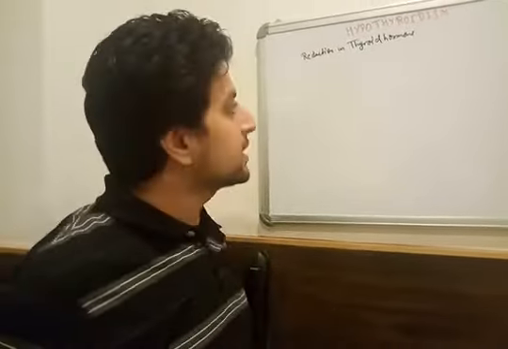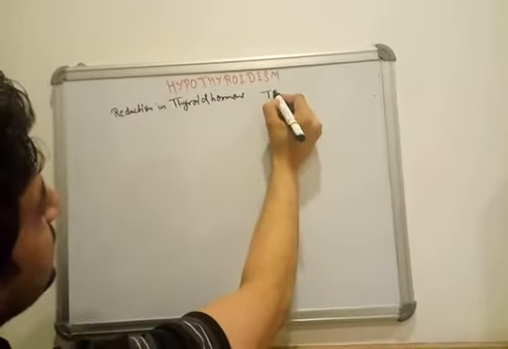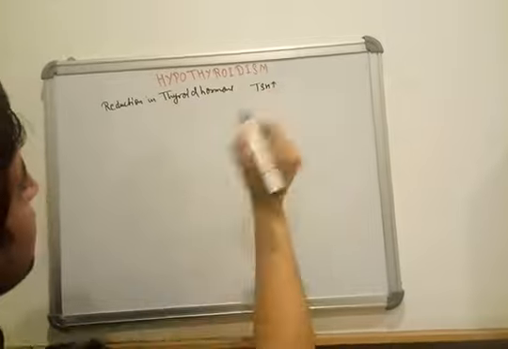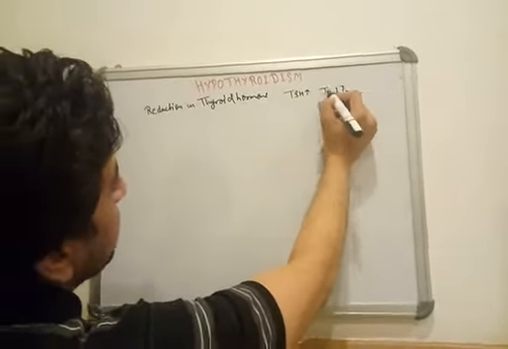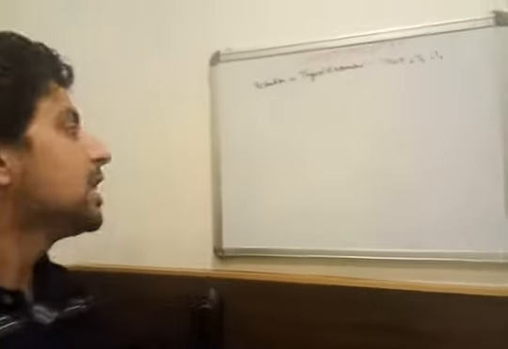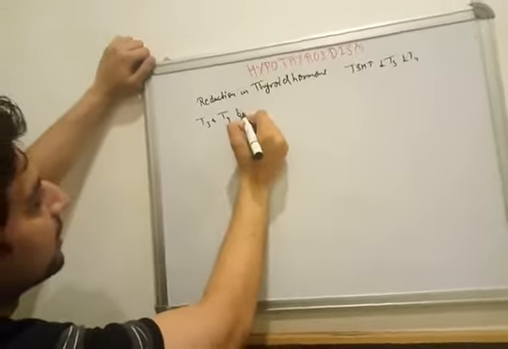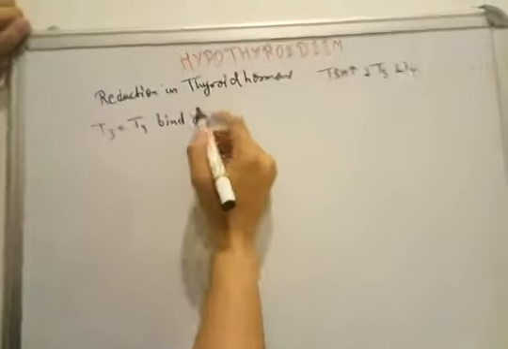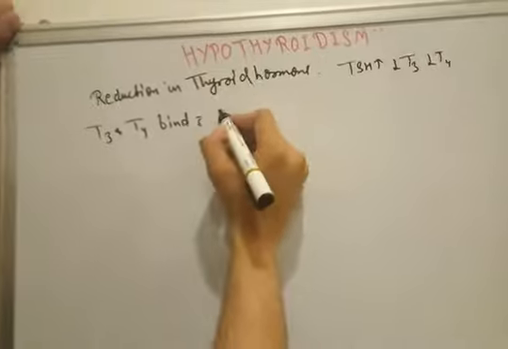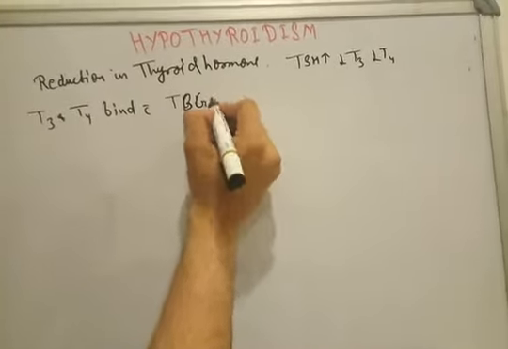What else happens here? The TSH level. What happens with TSH? TSH increases here in hypothyroidism. T3 and T4 decrease, my dear friends. Decrease sign. And what else happens here? You know what? T3 and T4 bind with thyroid binding globulin, TBG.